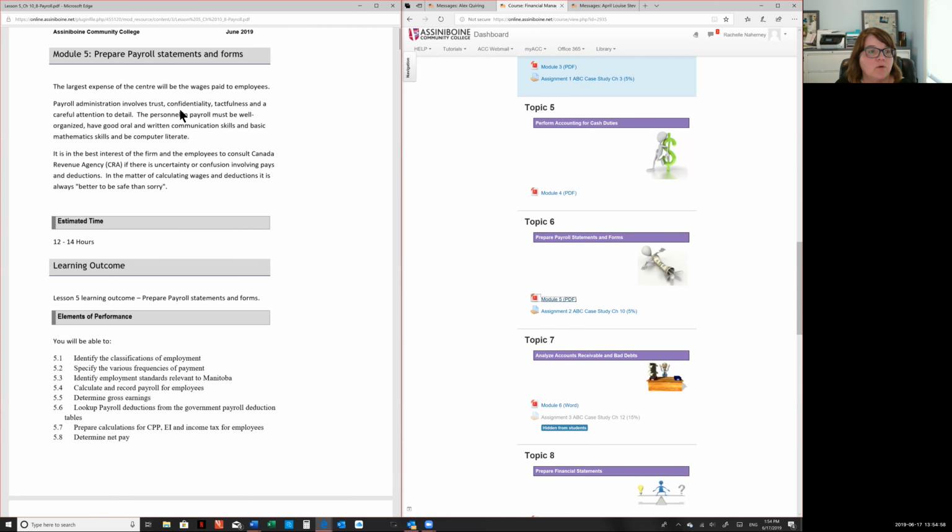Module 5 is doing payroll. In assignment 1 we saw the payroll, or the employees and their hours. Now we're going to know how many hours they worked, and we're going to be expected to do a payroll journal entry, including CPP, EI, tax deductions, the whole shebang. So here we have module 5.